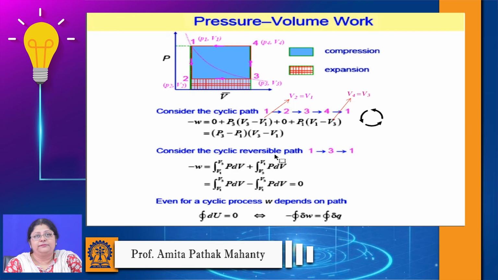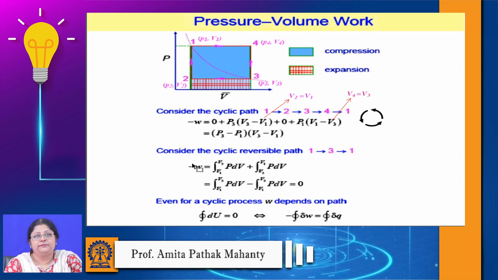Now, if you have a reversible cyclic path along, say, 1, 3, and back to 1, so this is the path taken reversibly, then the volume changes from the initial V1 to V3, and the reverse is V3 to V1.